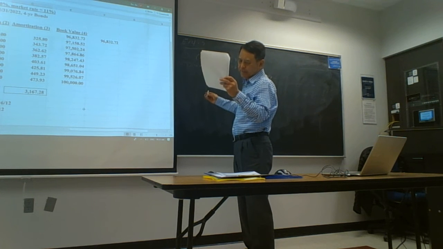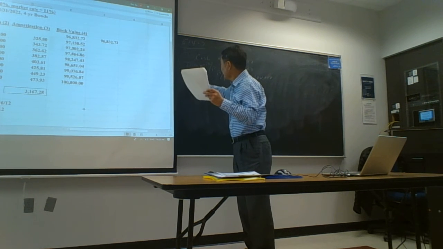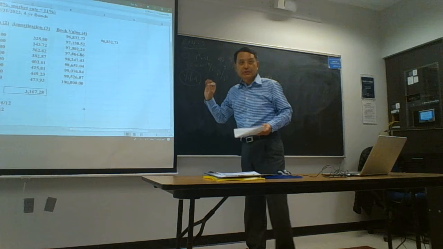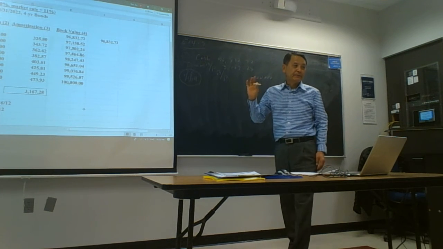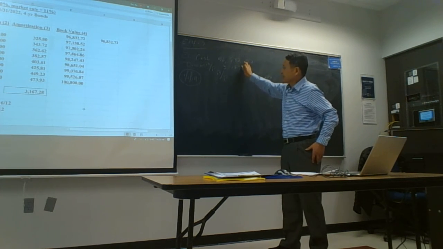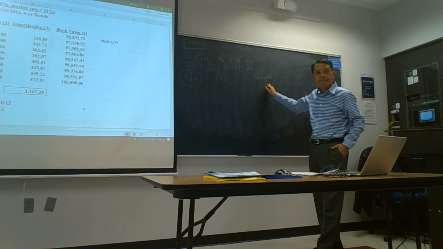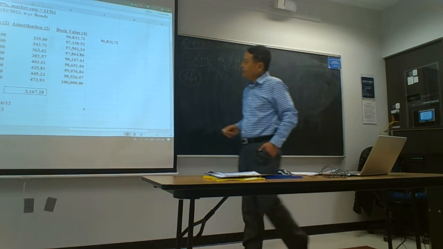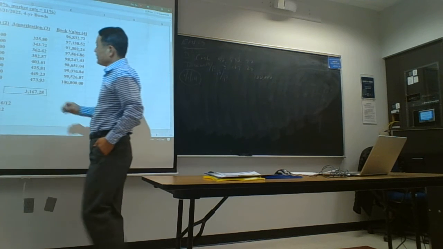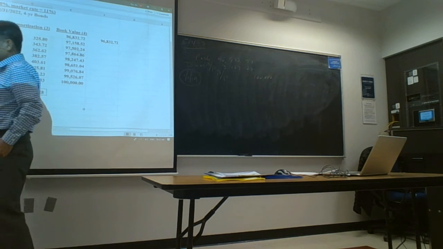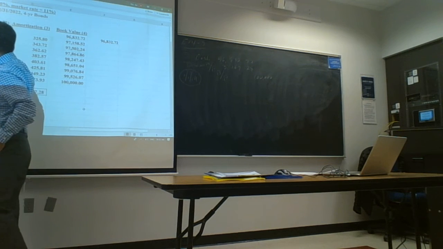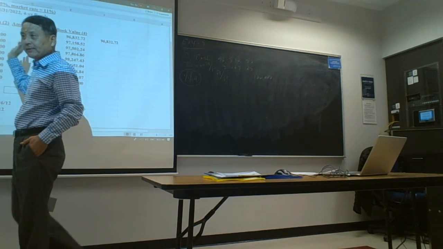Okay. So this is the journal entry on January 1st, 2019, the date of issuance: issue price on debit, and face value of bonds on credit. Then the journal entry for each of these payment dates would be simple, just based on this rule. No big deal.